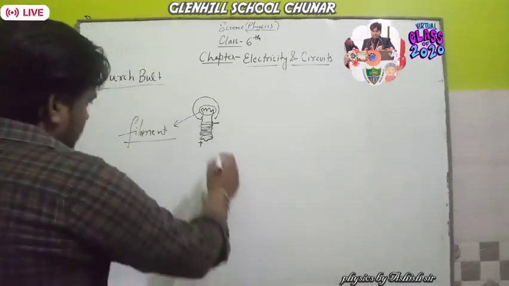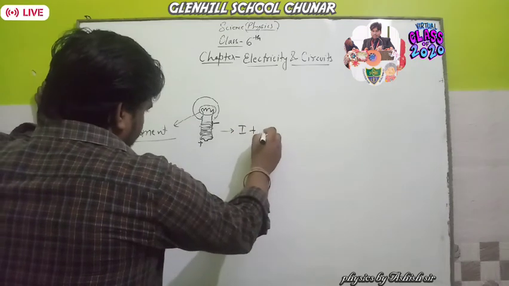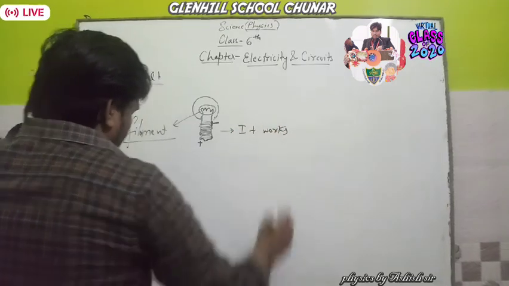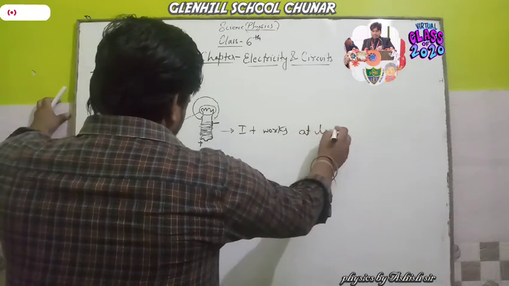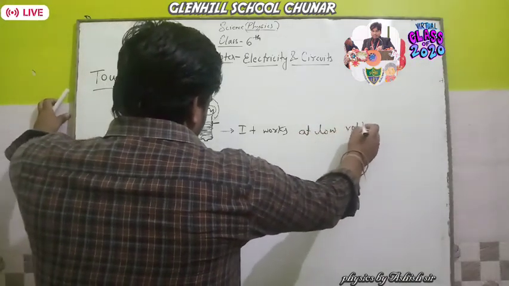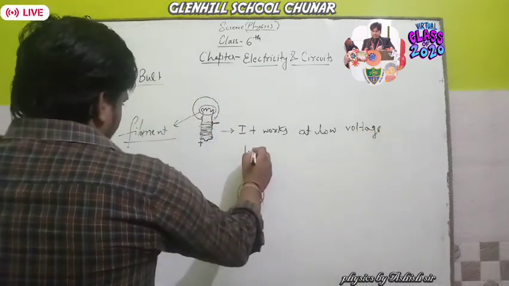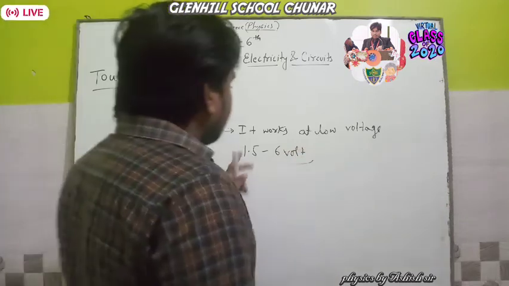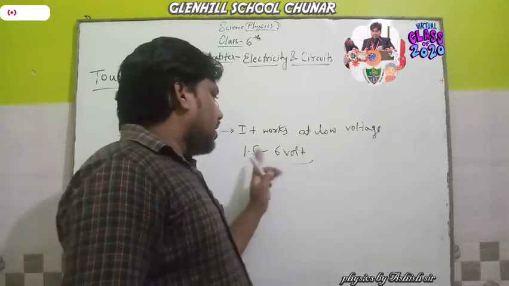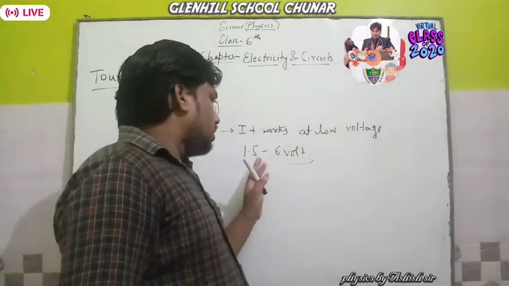And this torch bulb works at low voltage, that is 1.5 to 6 volt. It means when we supply this amount of voltage, electric potential, to the bulb, then your bulb glows.